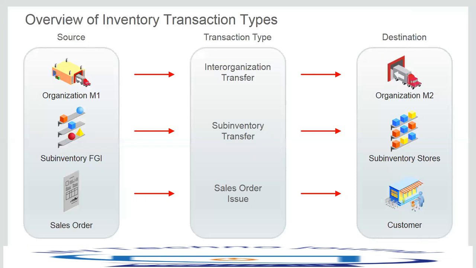The second example depicts the sub-inventory transfer from the sub-inventory FGI, that is the finished goods inventory, to the destination sub-inventory stores. In the final example, we are issuing the material to the customer based on a sales order. So the transaction type here is sales order issue.